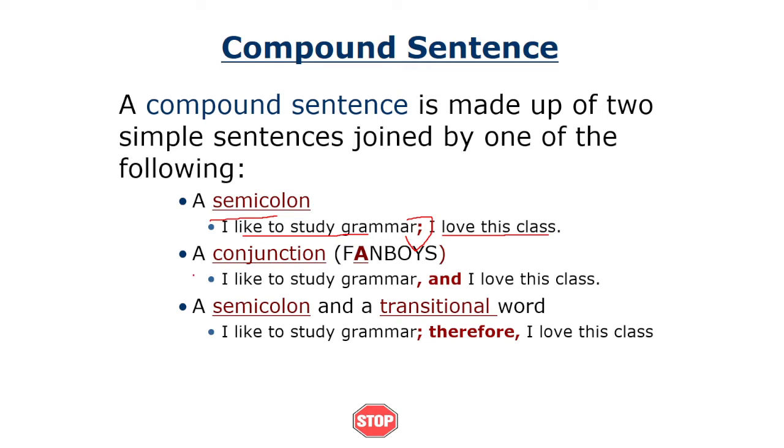In the second case, we use a conjunction: one independent clause, comma, conjunction, and a second independent clause. Third, a semicolon and a transitional: one independent clause, semicolon, therefore, and I love this class. So you can write the compound sentence in these three ways.